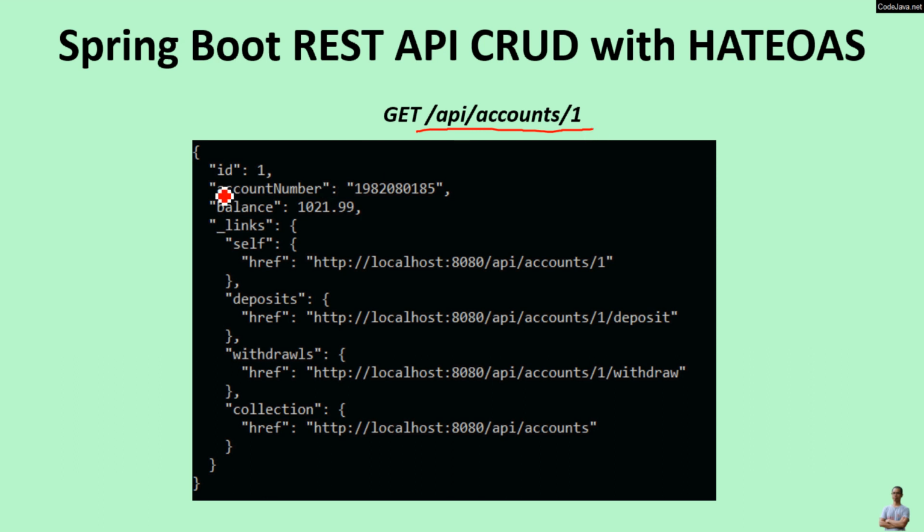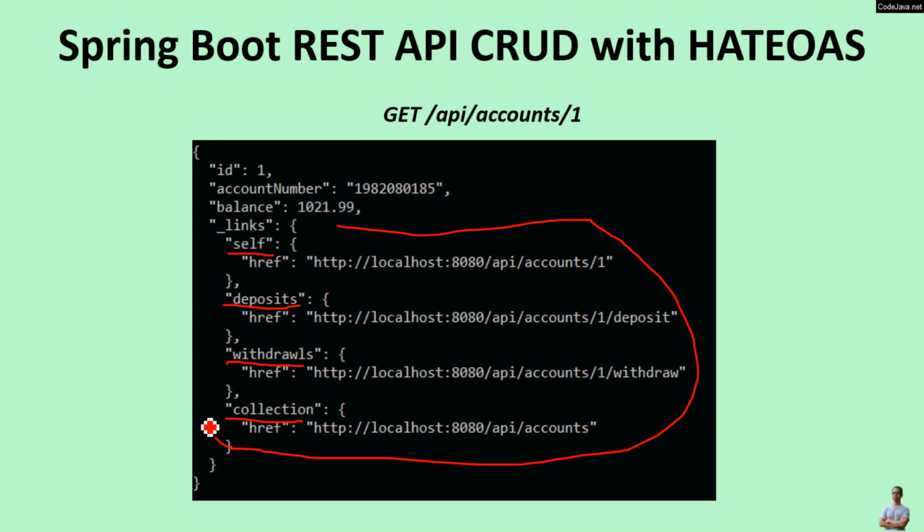So in the data, besides the information of the account such as ID, account number, balance, it also includes some links with the relations such as self, deposits, withdrawals, collection. So REST clients can follow these links in order to perform actions related to the data. So this is the concept of HATEOAS in REST APIs. Make sense?